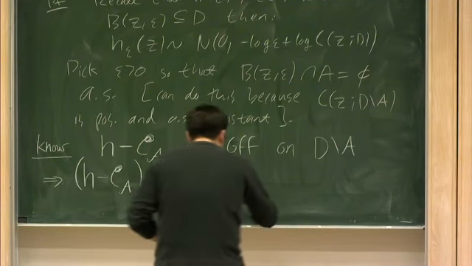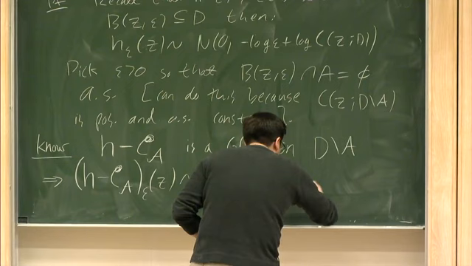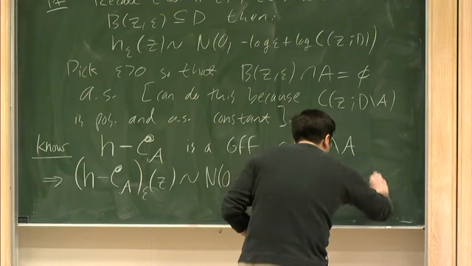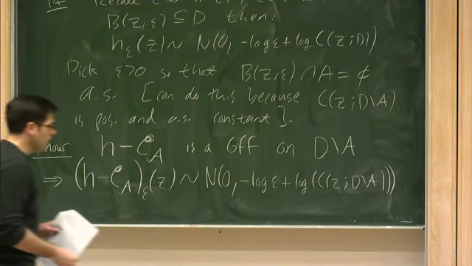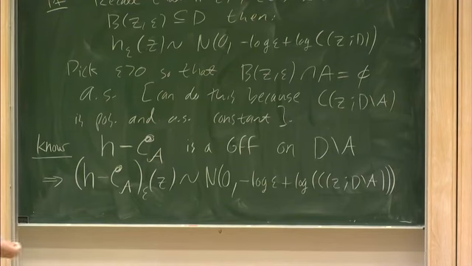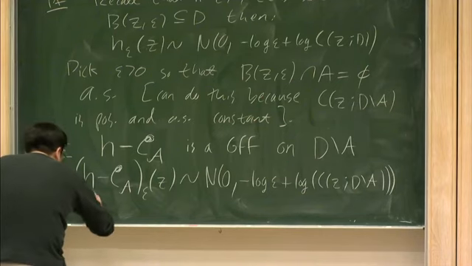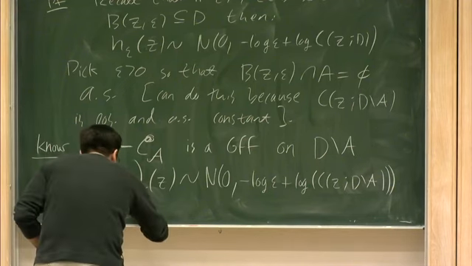So its variance is minus log epsilon plus the log of the conformal radius of z in D minus A.